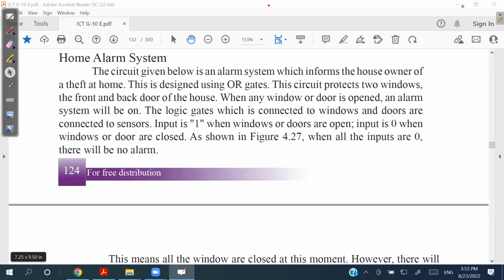Okay, so first of all, when something like this is given, you have to recognize what kind of situation this is. And again, through the scenario, you have to determine what are the inputs and what is the output that is controlled by the inputs, right? So now, according to this scenario, how do you feel? What should be the output? Yes, people, in this system, what indicates the output?